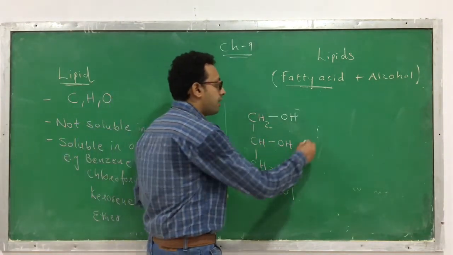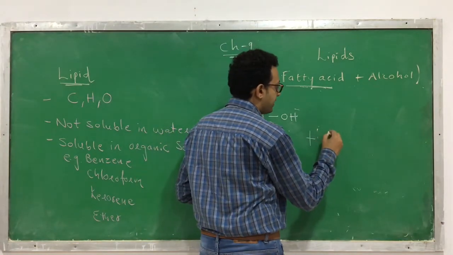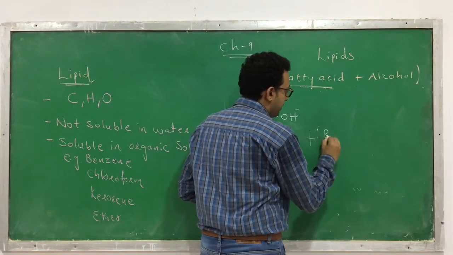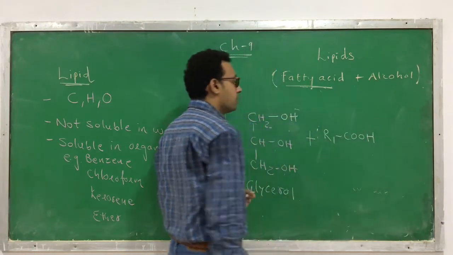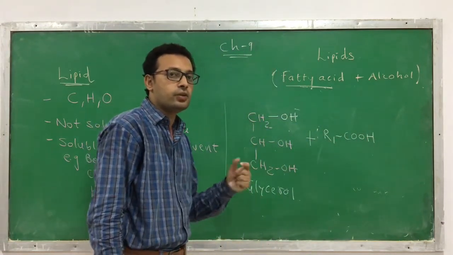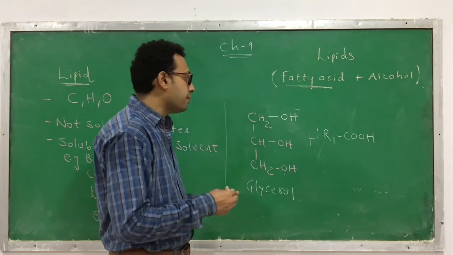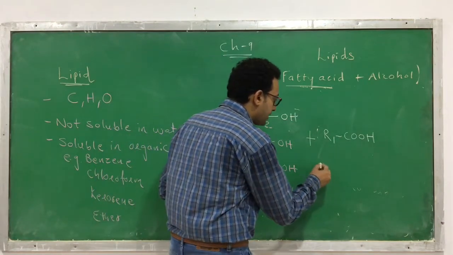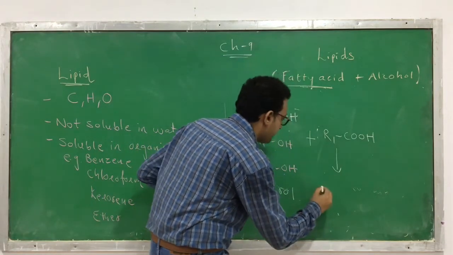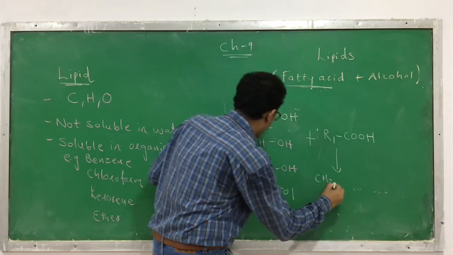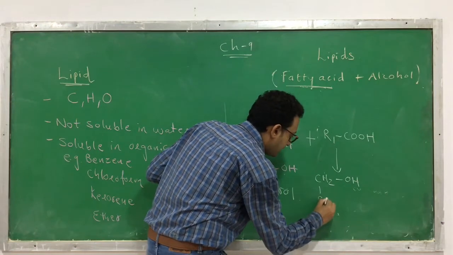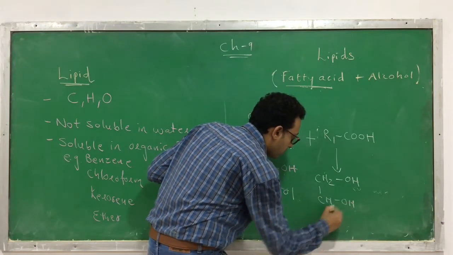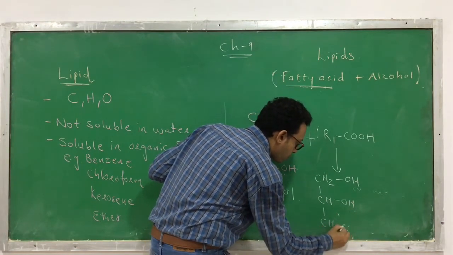This alcohol combines with a fatty acid, R1COOH. How does it combine? See how it combines, I'm showing over here. Here it's CH2OH, CHOH, CH2OH.